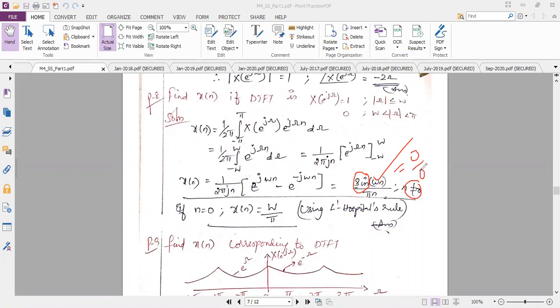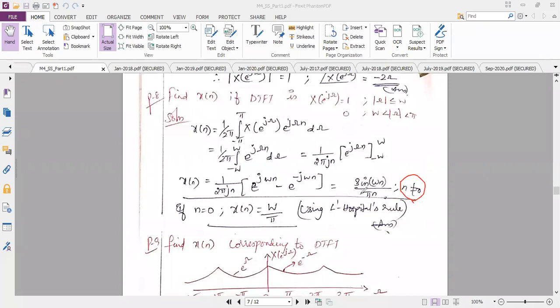I'm getting an indeterminate form. Instead of sine, if I would have got cos, I would not face any problem, and I would just write the answer as it is in cos form. Since I'm getting the answer in sine form, sine 0 is 0.